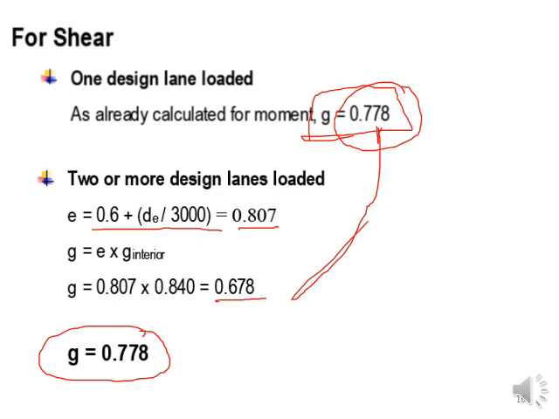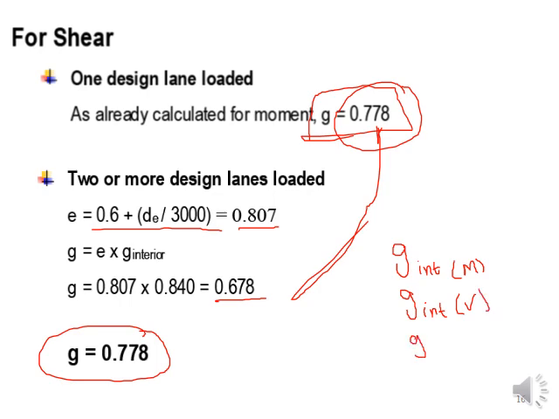So now finally you got 4 G values, 4 distribution factors. One distribution factor for the interior stringer for moment. The second one is the distribution factor to incorporate the effects of the laterally loaded moving loads; it will again be for the interior stringer, but for the shear.